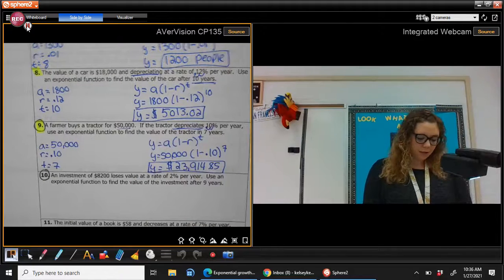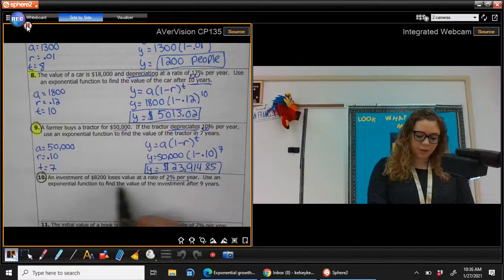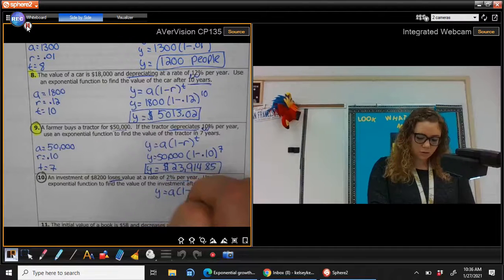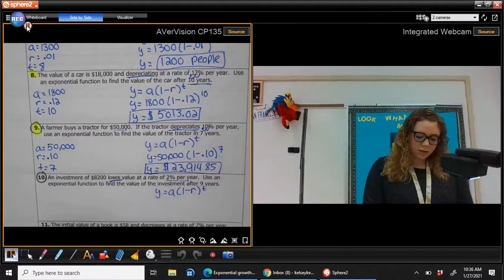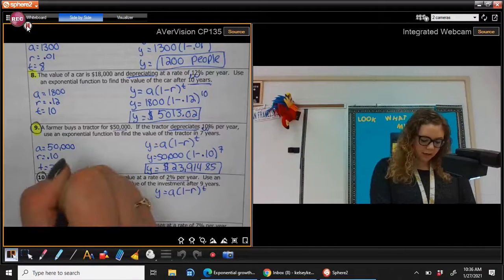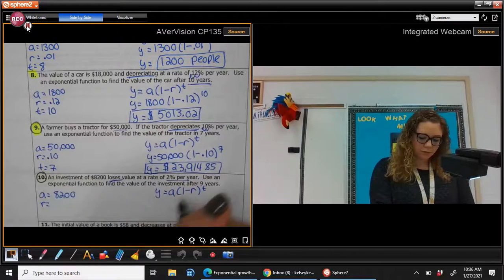Number 10. An investment of $8,200 loses value at a rate of 2% per year. So it loses value, so I'm going to do my decay. Use an exponential function to find the value of the investment after 9 years. My initial amount is going to be 8,200. My rate is going to be 2%.